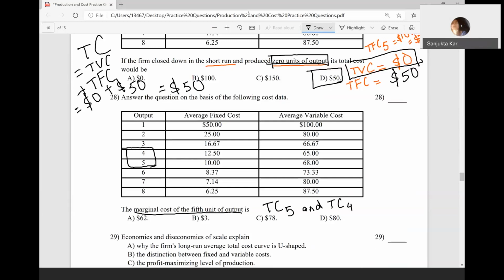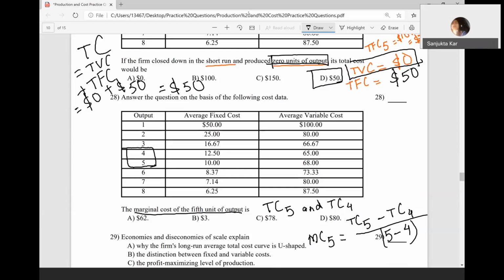Then the marginal cost for the fifth unit of output is going to be equal to the total cost for the fifth minus the total cost for the fourth, divided by 5 minus 4, which is the change in output level.